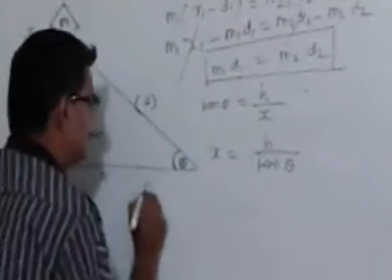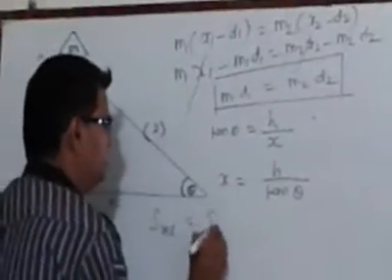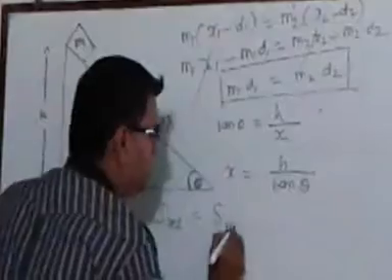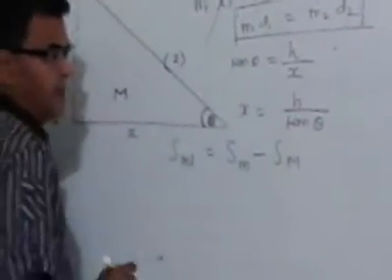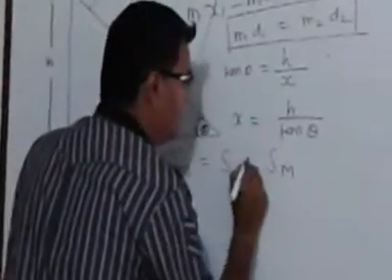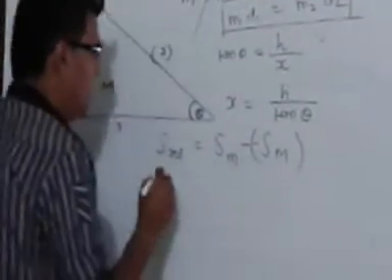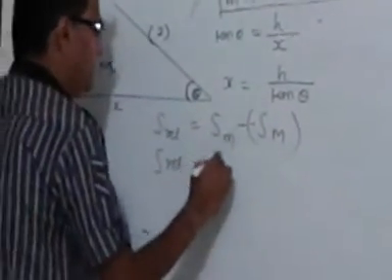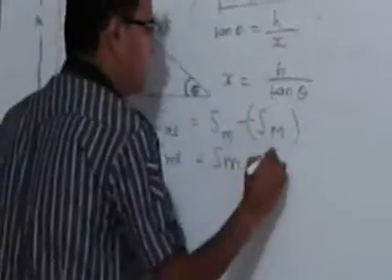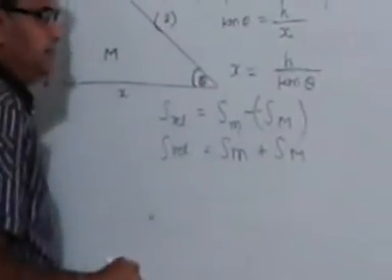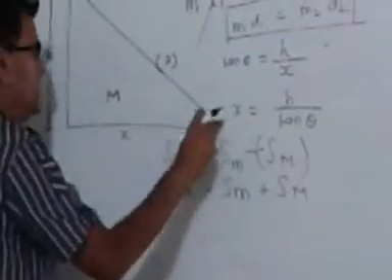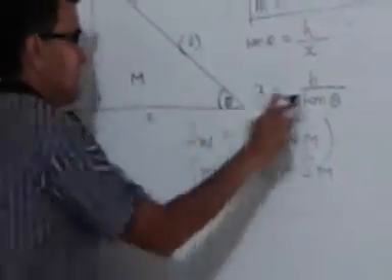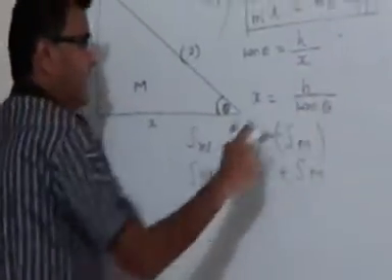So we can say that the relative displacement is displacement of the block small m minus displacement of the block capital M. But since this displacement is to the left, I have to put one more minus sign so that the total relative displacement becomes displacement of m plus displacement of capital M. This relative displacement when the block comes from here to here is the horizontal distance, which is h upon tan theta.